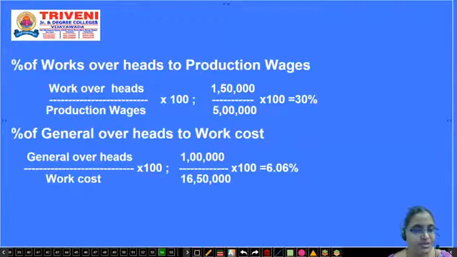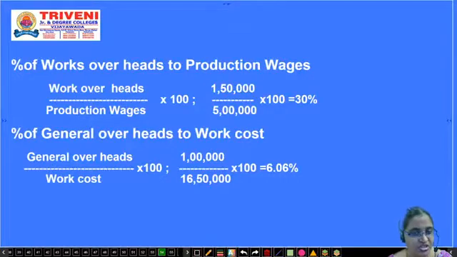Next, percentage of general overheads to work cost. The formula is general overhead by work cost into 100. Office and general overheads given in the problem was 1 lakh. Work cost means you take the gross work cost only.